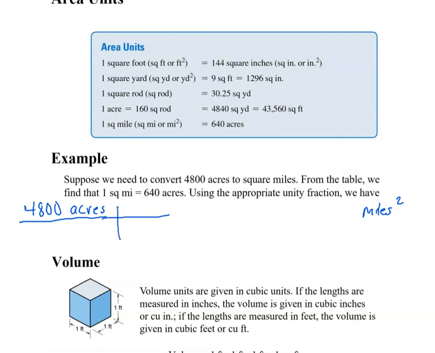Well, that's exactly what we need. We would put the acres on the bottom. The reason that we would do that is so it would cancel out with the acres on the top, and we would put our 1 square mile on the top. Now we have our miles squared here, and we would just need to do 4,800 divided by 640 to get our answer.